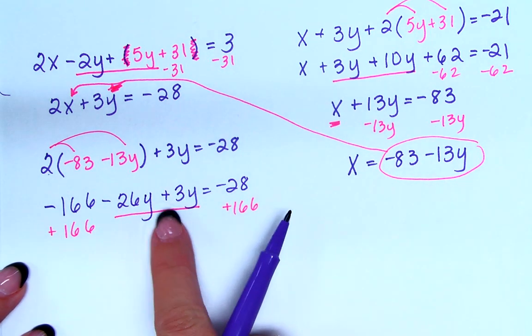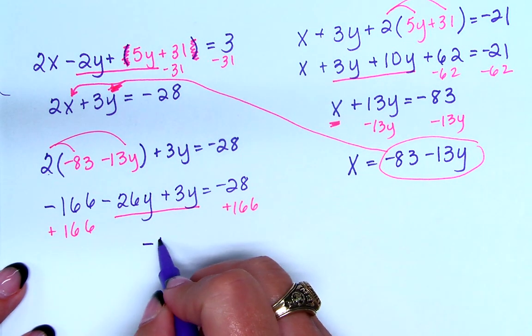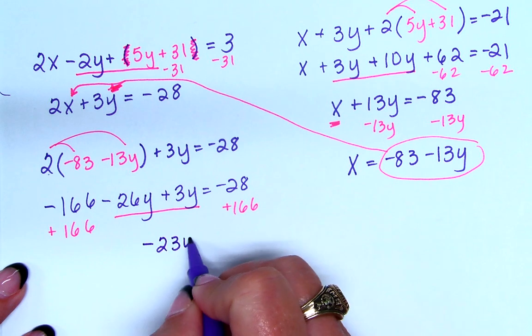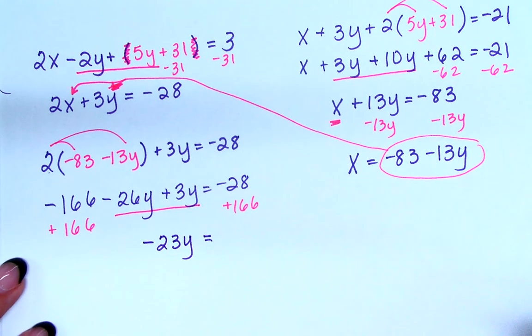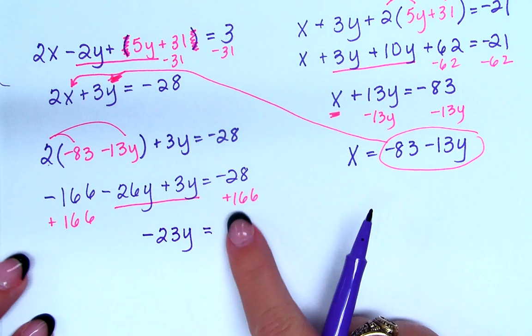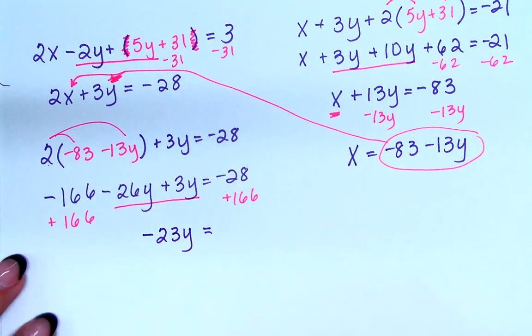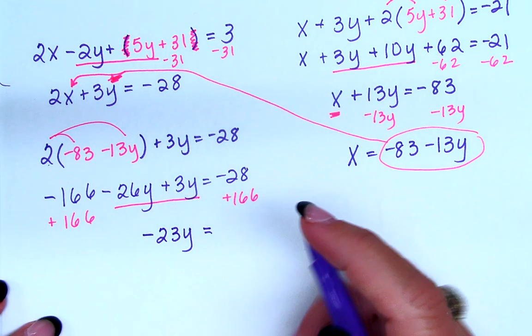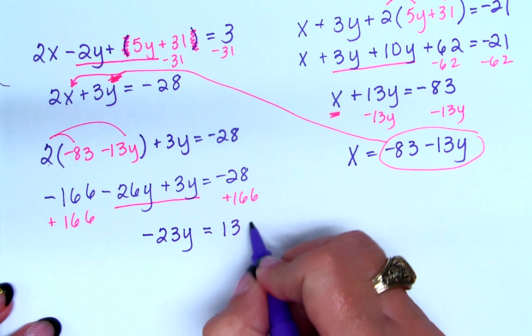Negative 26y and 3y. Negative 23y. Equals negative 28 plus 166. That's definitely going to be positive, right? What is it? 138.